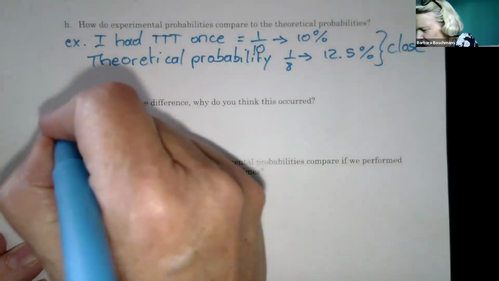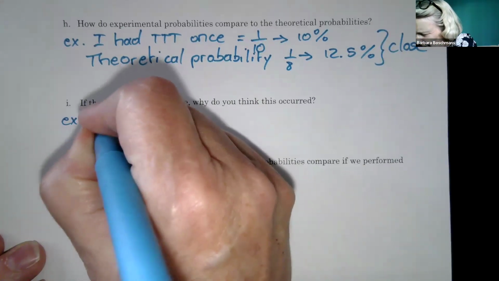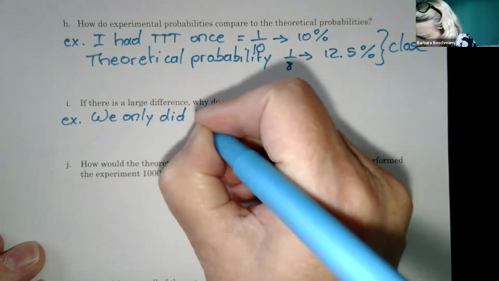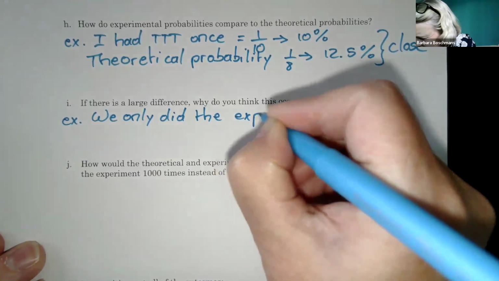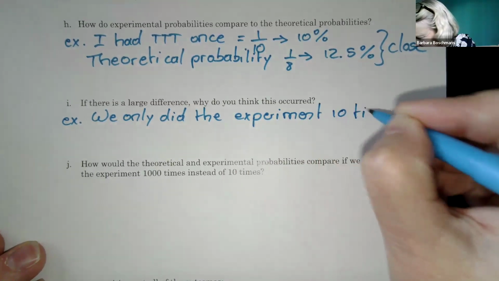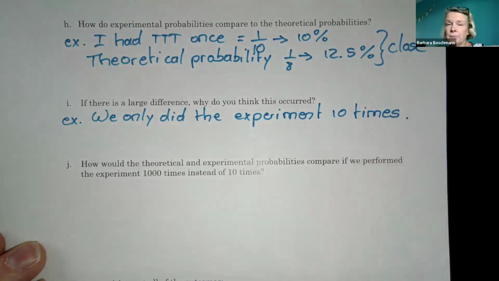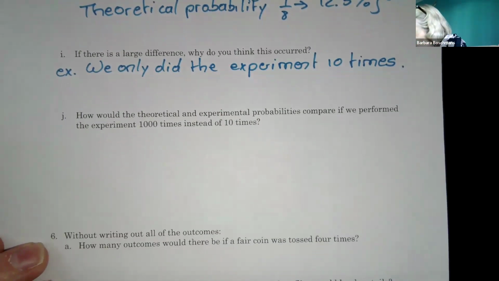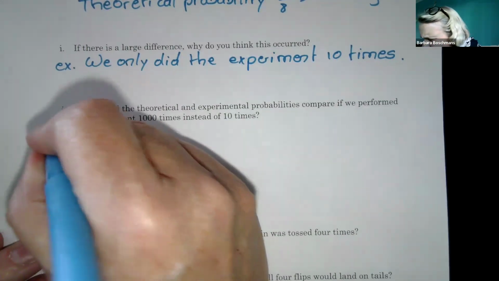I would say, for example, we only did the experiment 10 times. That could explain a large difference. How would the theoretical and experimental probabilities compare if we performed the experiment 1,000 times instead of 10 times?